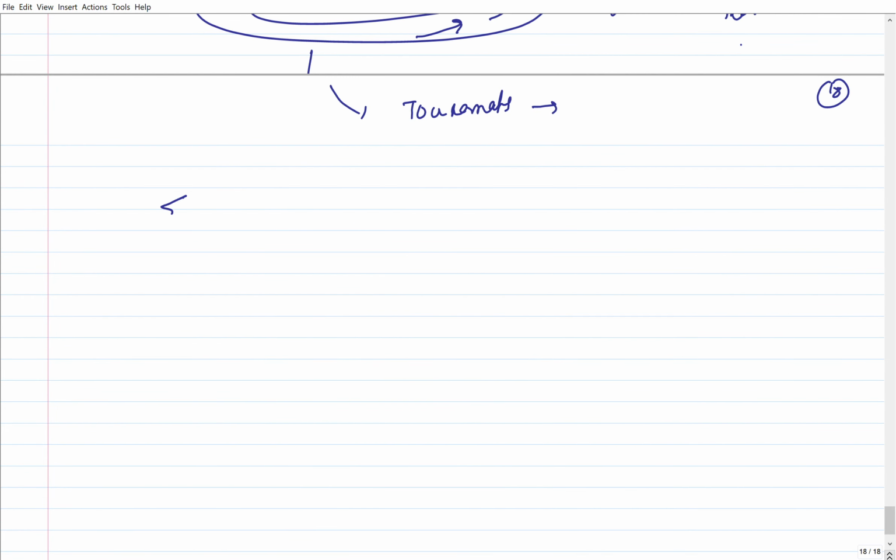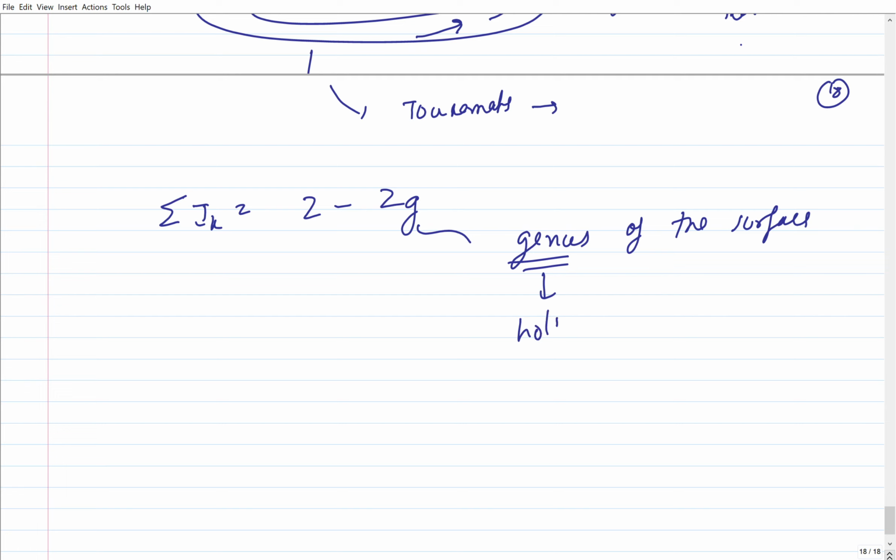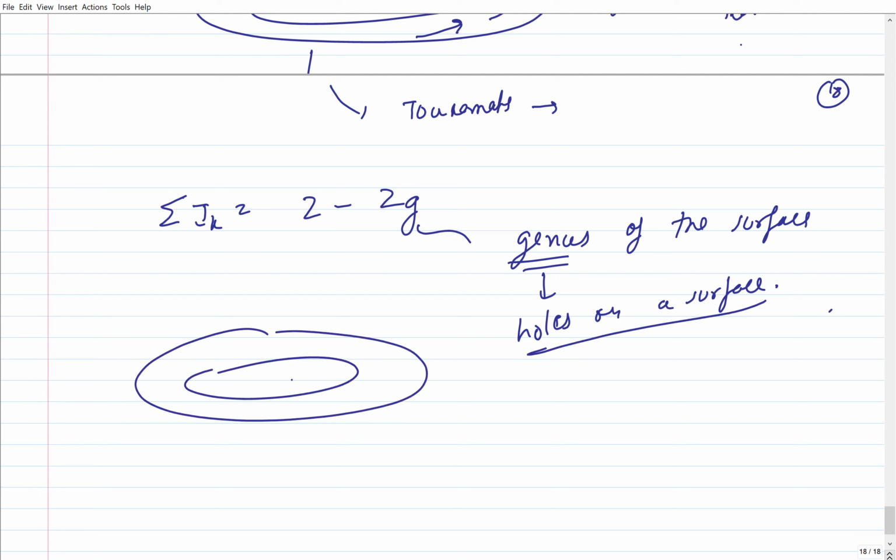The general theorem is that the sum of indices should be 2 minus 2g, where g is the genus of the surface, or in other words, the number of holes on a surface. So the genus of a torus is certainly 1. There's one hole. G equals 1. So indeed 2 minus 2 equals 0. So you can have a vector field which closes in on itself without having the requirement of the index to be plus 2 like a sphere.